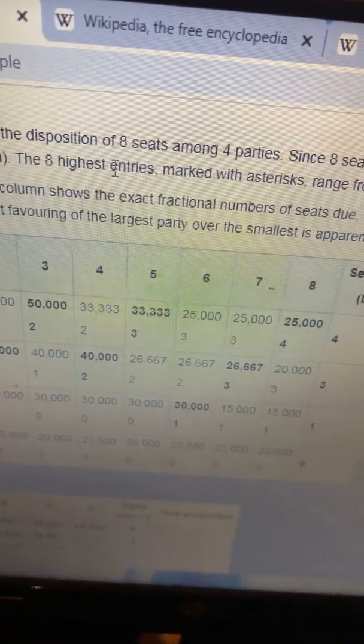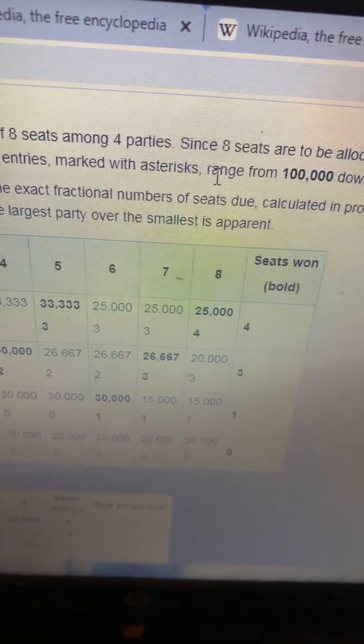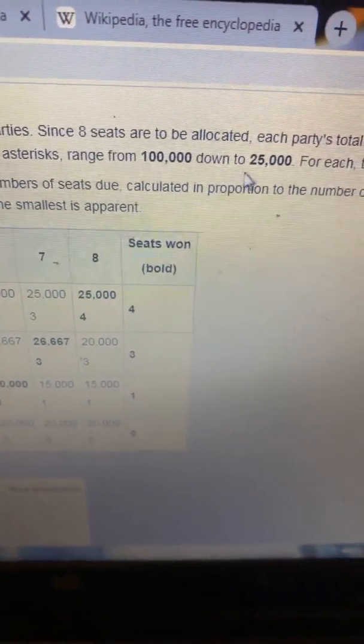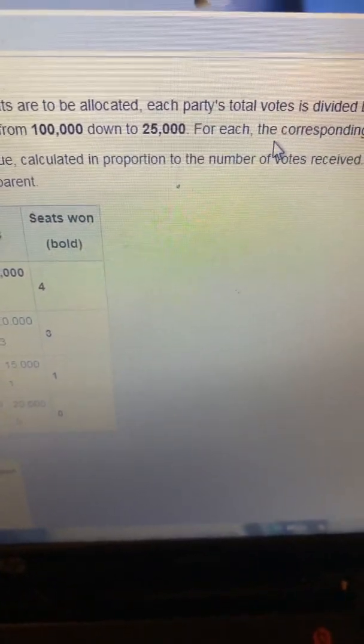The 8 highest entries marked with asterisks range from 100,000 down to 25,000 for each.